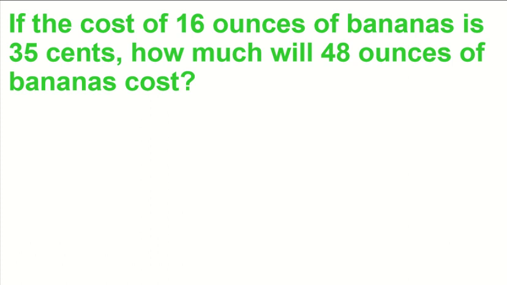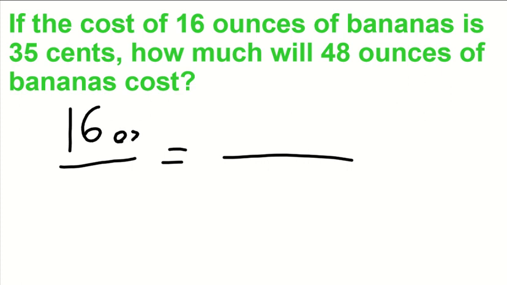Judah? $1.05 is correct. So we got 16 ounces. It says for 35 cents, so I'm going to put it as 0.35. If you left it as a whole number, you got 105.